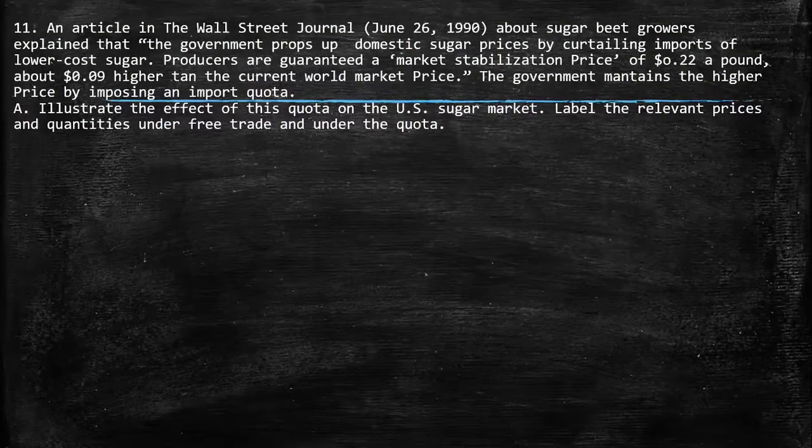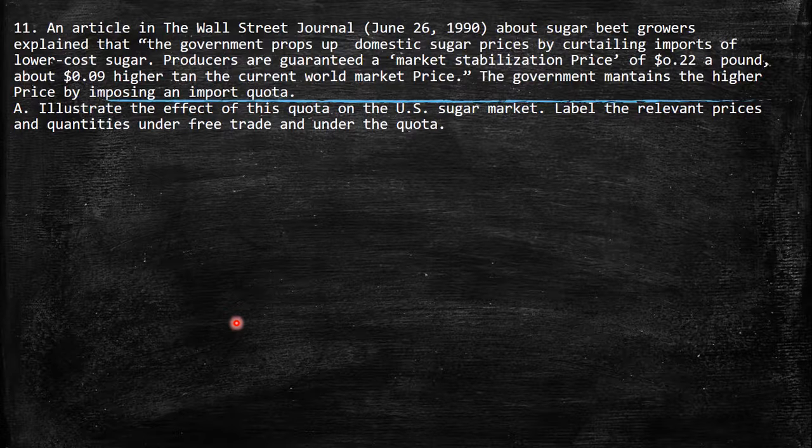So 11. An article in the Wall Street Journal about sugar beet growers explained that the government props up domestic sugar prices by curtailing imports of lower cost sugar. Producers are guaranteed a market stabilization price of 0.22 dollars a pound, about 0.09 higher than the current world price.